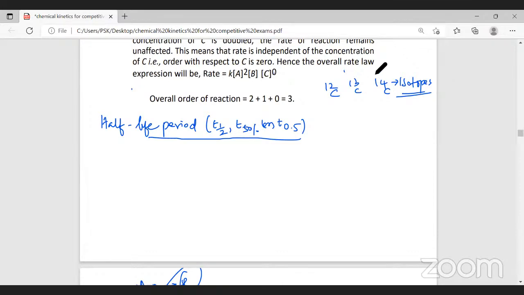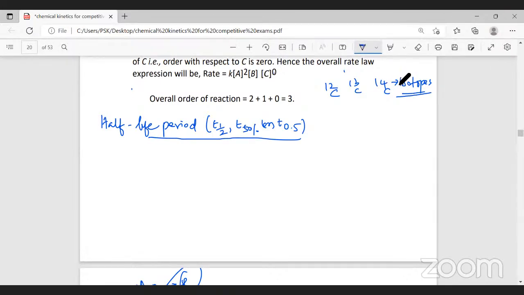Isotopes. The word isomer stands for molecules. This is an atom, this is an element. So elements having same atomic number but different atomic mass are called isotopes. Now, amongst these three isotopes, which one is radioactive?